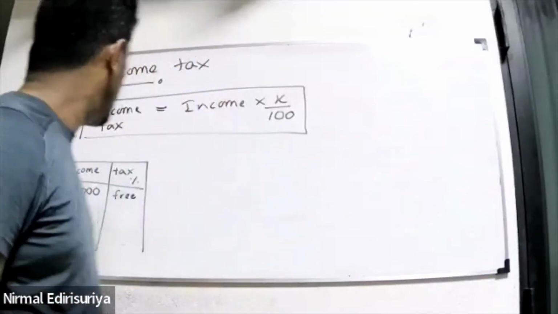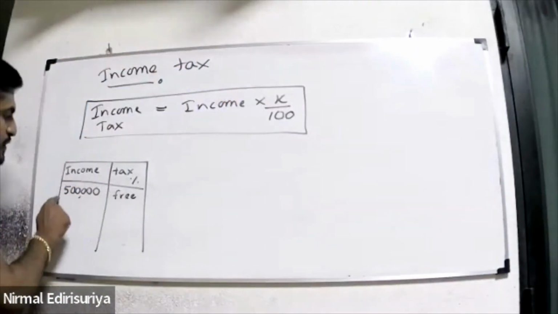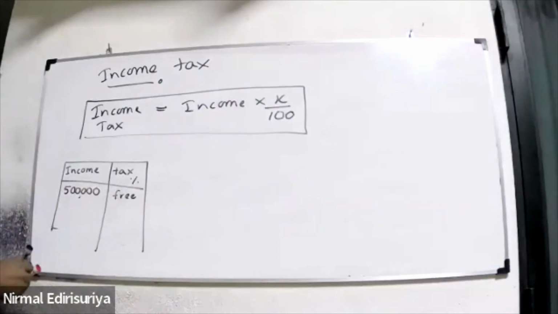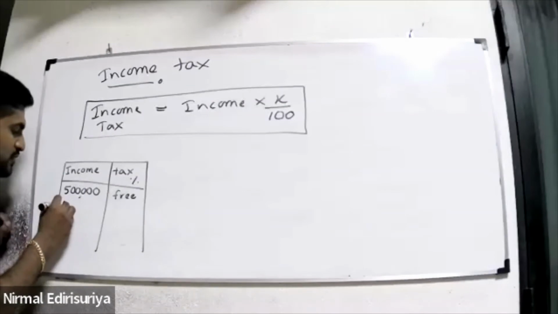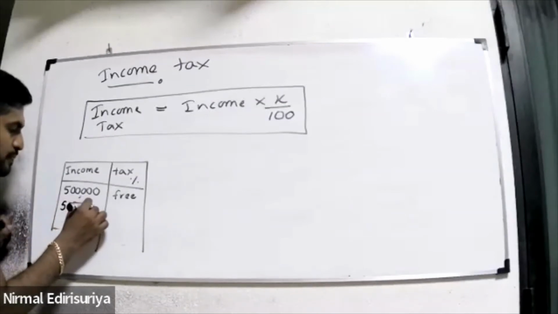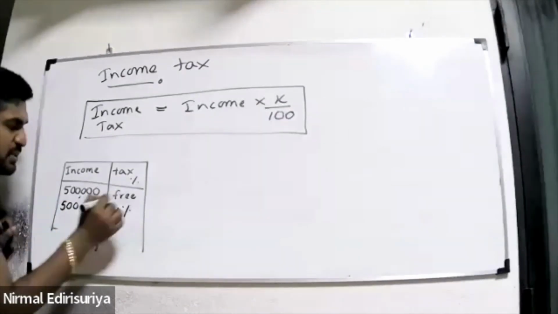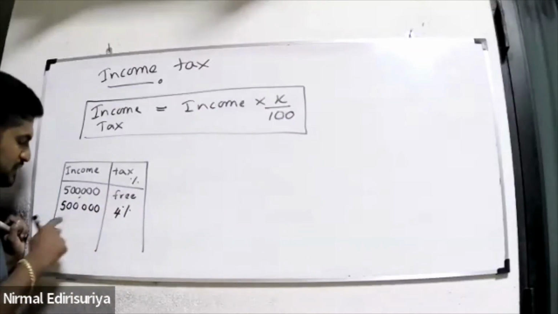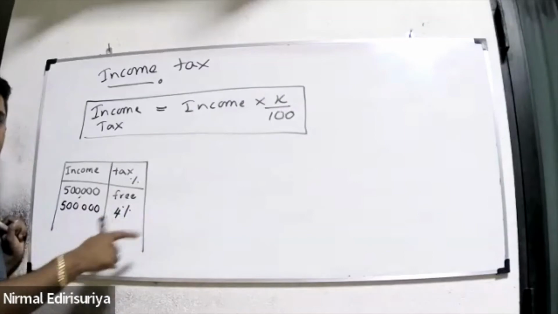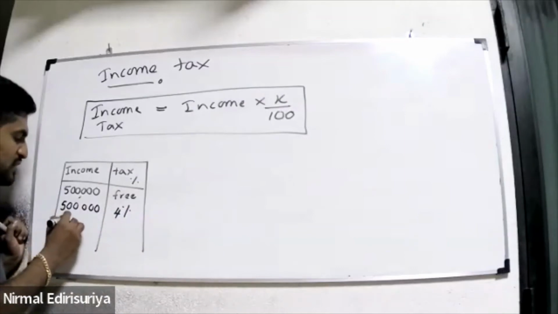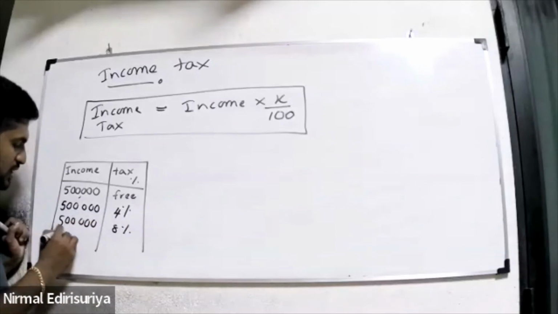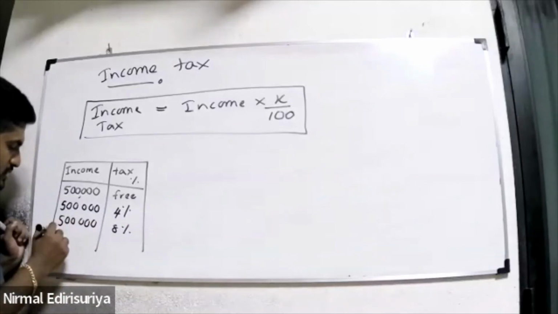So the first 500,000 of income is tax free. Second 500,000 is for 4%. This is the usual income tax regulation. Third 500,000 for 8%. Fourth 500,000 for 12%.